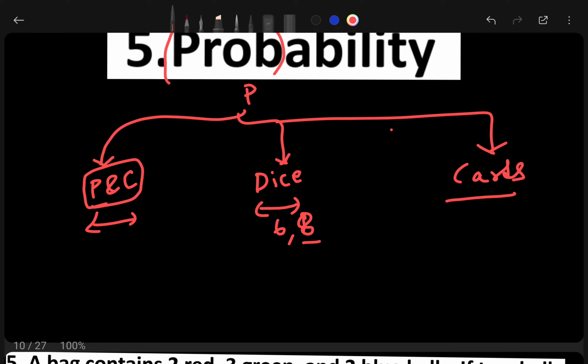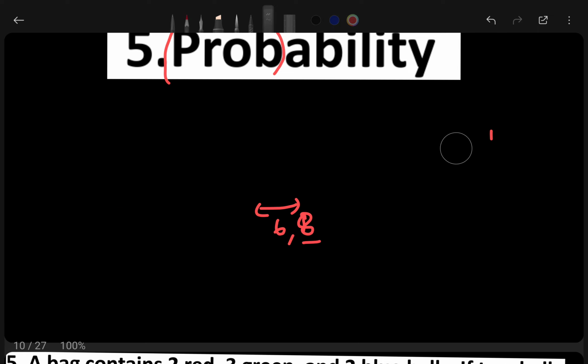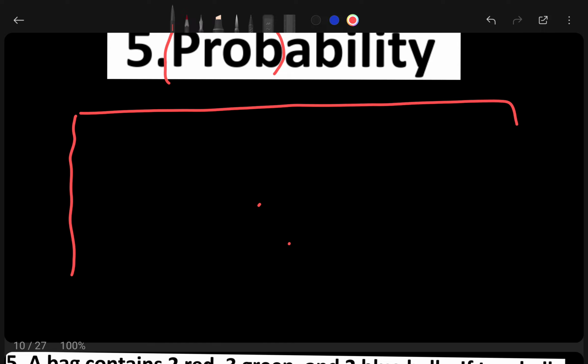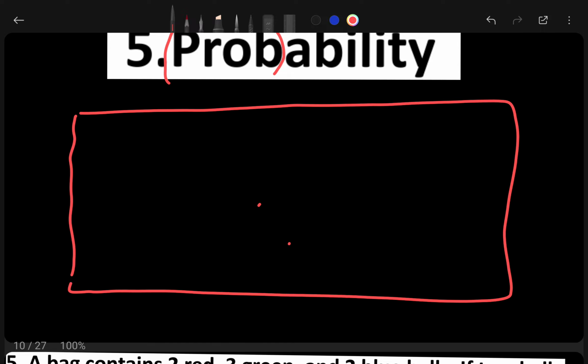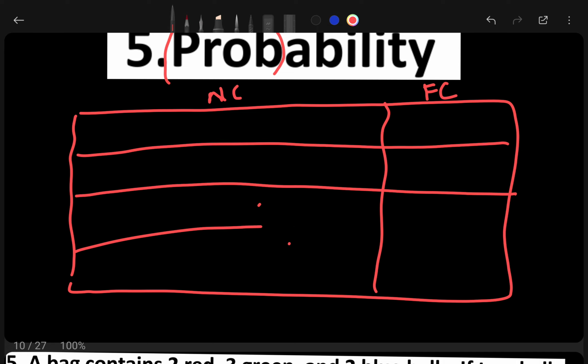Cards is a very simple concept. We shall once understand the concept of cards. See, in cards nothing is there, dude. In cards there is a section called face cards. These are normal cards. And there are four rows, and in each, the face cards are jack, king, queen.